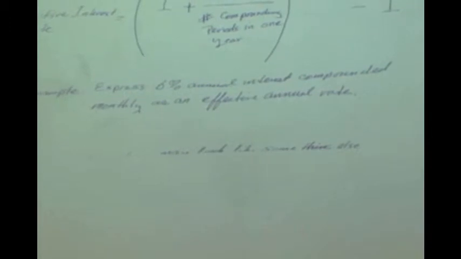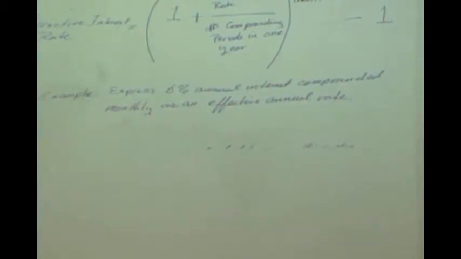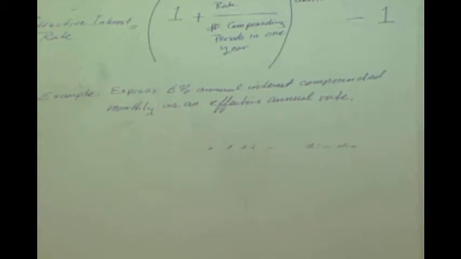Well, okay, for example, let's take a 6% annual interest rate compounded monthly and express it as an effective annual rate. So I take 1 plus my stated annual rate divided by the number of compounding periods in a year.